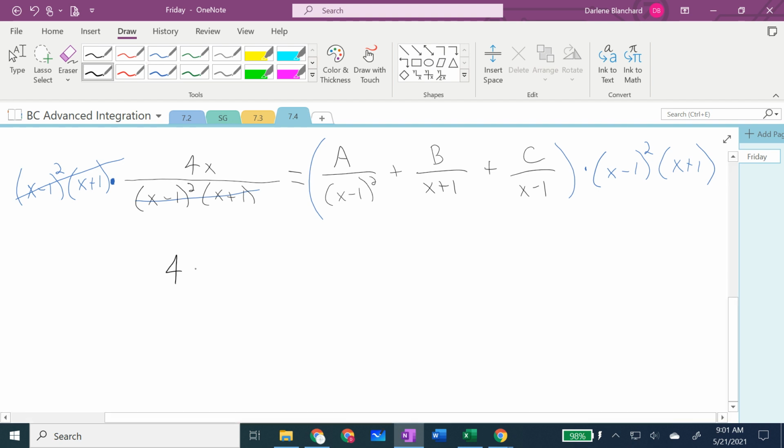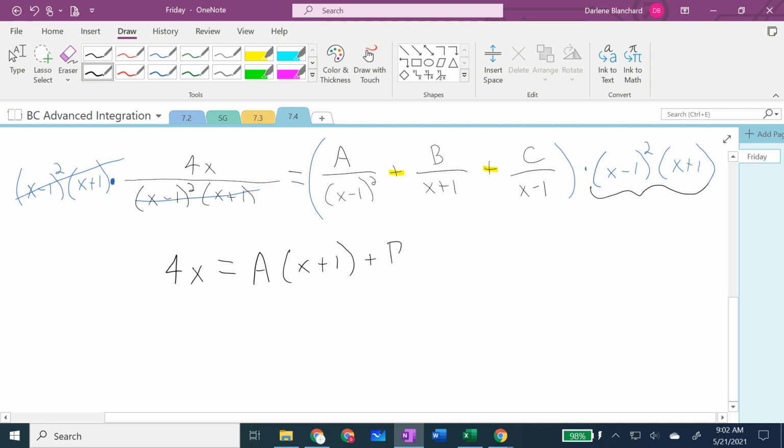And now we have 4x must be equal to, and then I'm distributing this over my addition. So as I'm distributing it, I get a times a cancellation and an extra x plus 1.